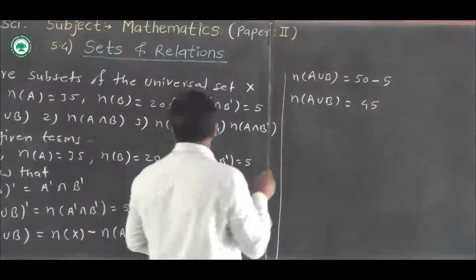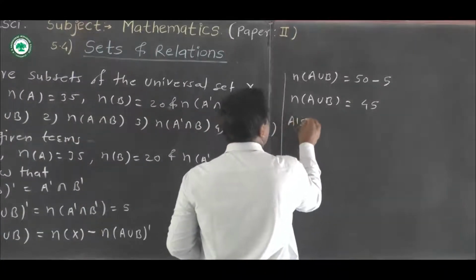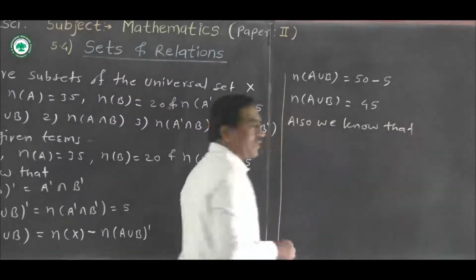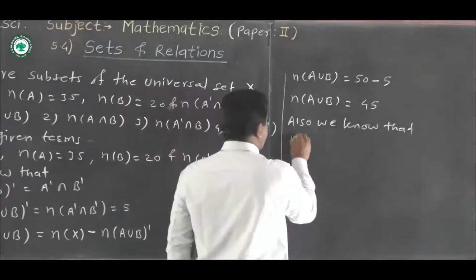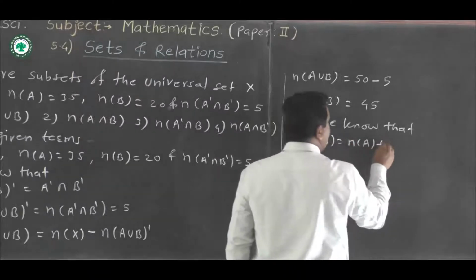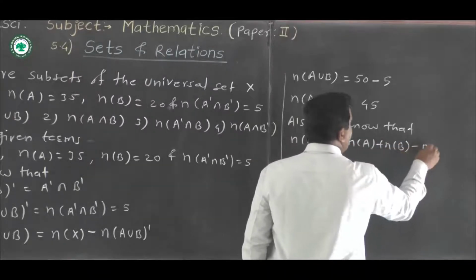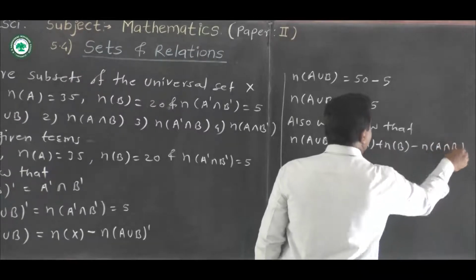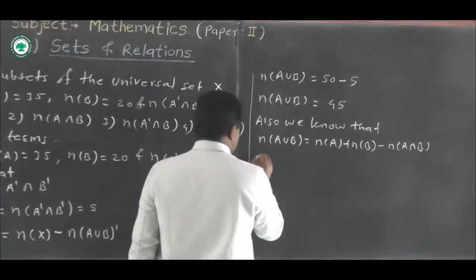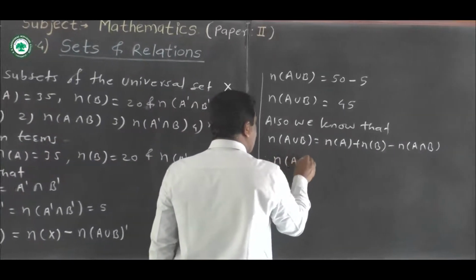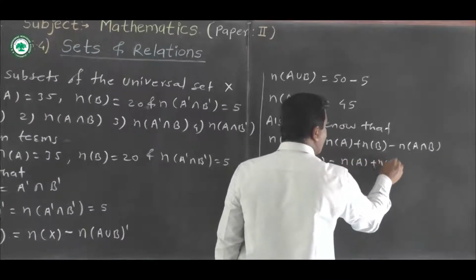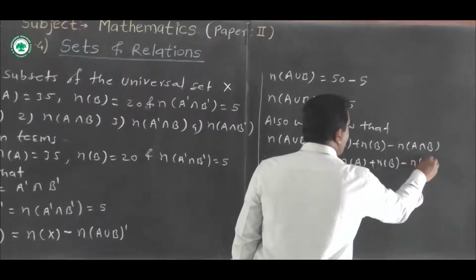Answer for second. Also we know the property n(A union B) is equal to n(A) plus n(B) minus n(A intersection B). Now we have to find n(A intersection B), the second value. Therefore n(A intersection B) is equal to n(A) plus n(B) minus n(A union B).